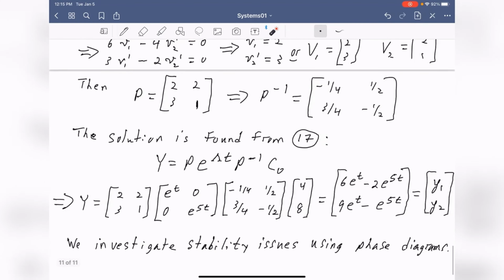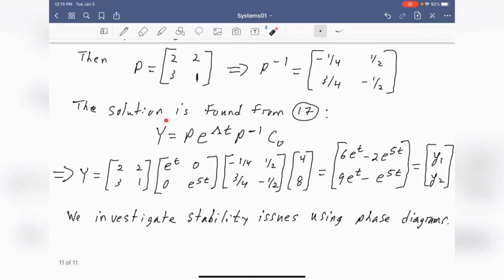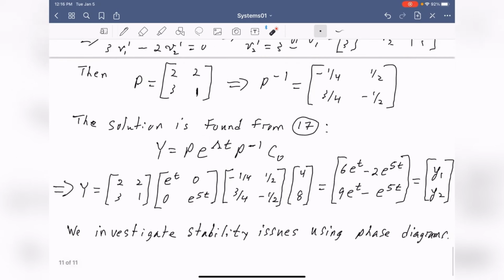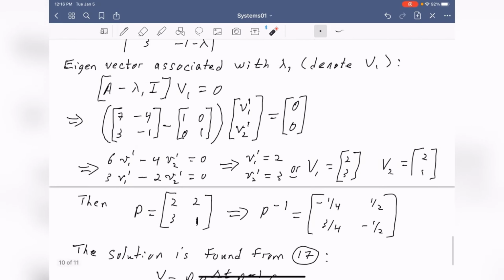And then the solution is found using this equation here, and we just fill that in. So y is equal to this P matrix, which is 2, 3, 2, 1, then this matrix here, e to the t, e to the 5t, which we found up here.